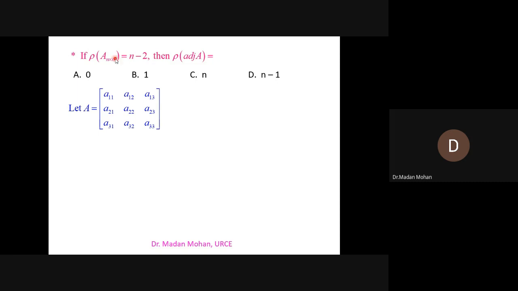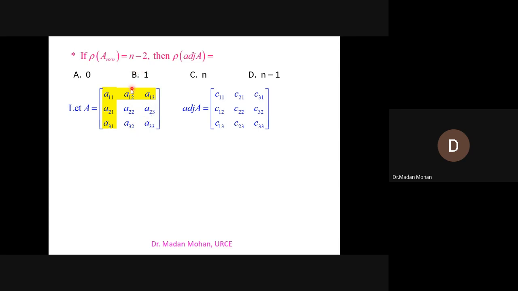I am not using A into adjoint A because det A is 0 here, please. Because n minus 2 means definitely det A is 0. Now adjoint A is transpose of cofactors matrix. I am explaining by taking n value 3. Now observe this. Because determinant of this one is not n, also not n minus 1.